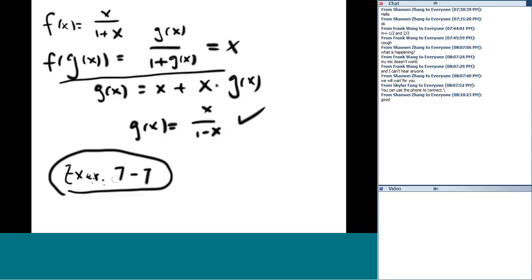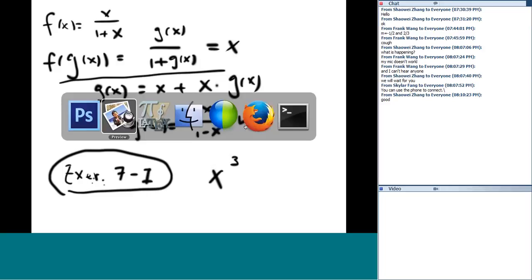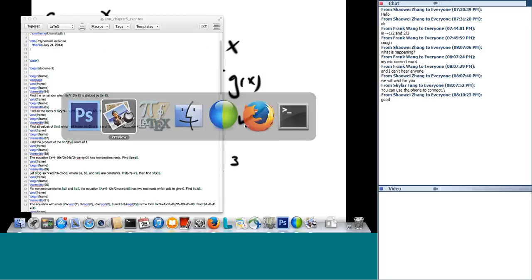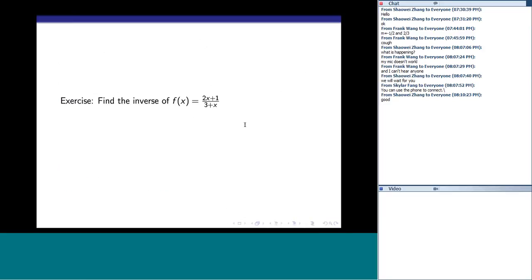Yeah, it's x cubed. Okay, that's it. Next. Okay, I give you another exercise. Find the inverse of this function.